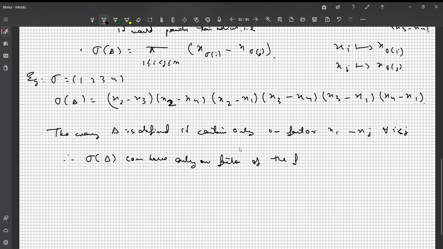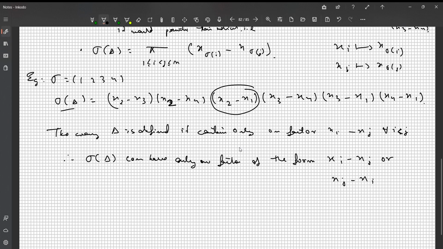Therefore, sigma operated on delta can have only one factor of the form xi minus xj or xj minus xi.